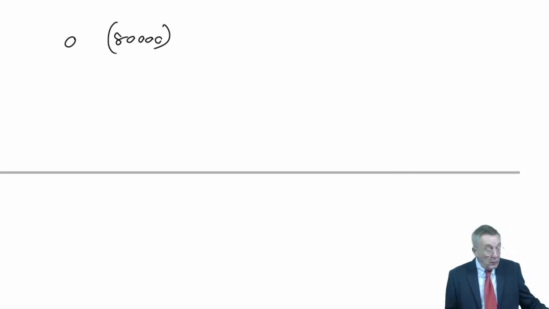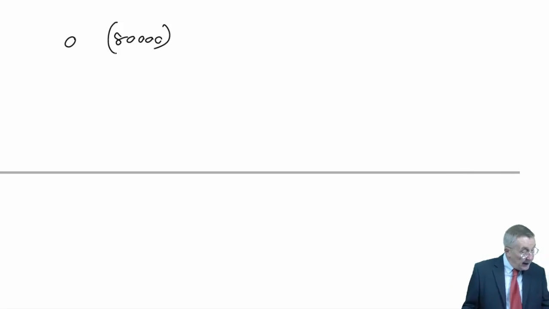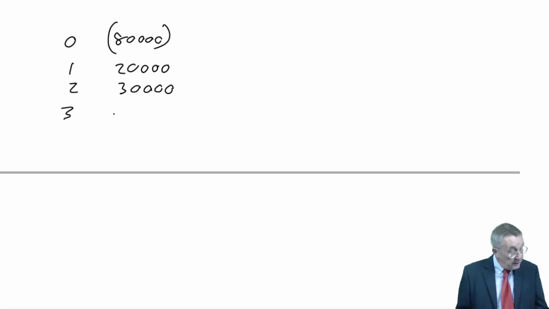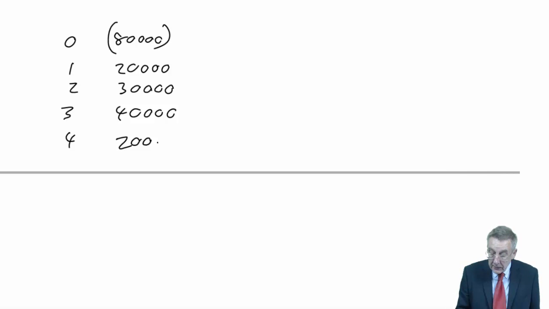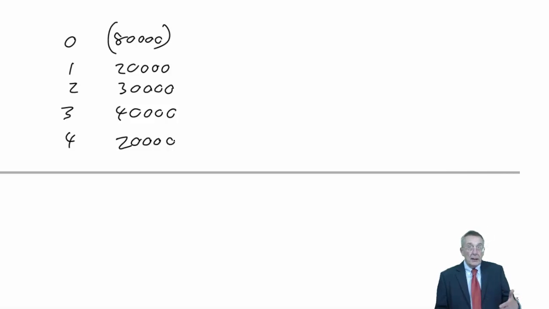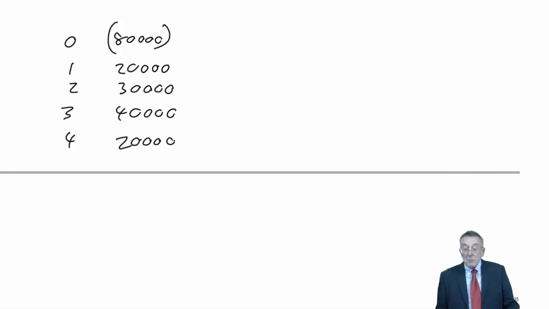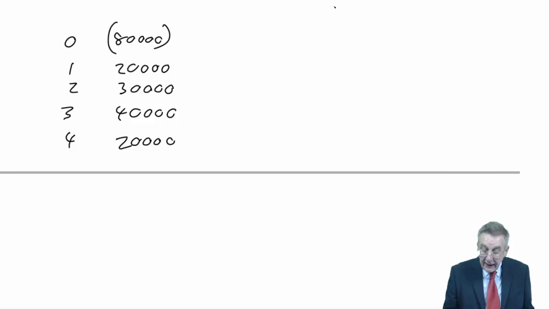It's exactly the same cash flows. So we pay out 80 and we get back, and I have to check the question, 20 in 1 year, 30 in 2 years, 40 in 3 years, and a total of 20 in 4 years. There's 10,000 from cash profits, there's 10,000 from scrapping. I want to work out the present value at interest of 15%.